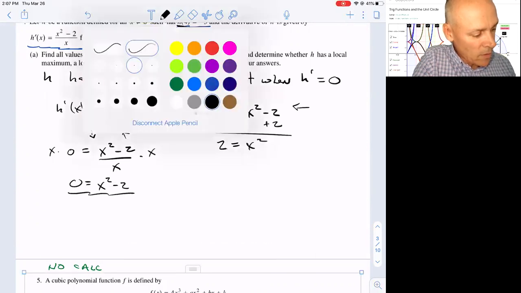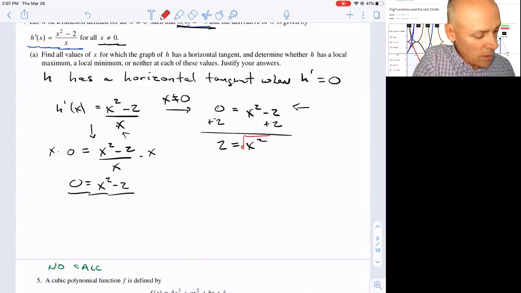Then I want to take the square root of both sides. Square root of x squared is the absolute value of x, which is equal to square root of 2. And then to write it without the absolute value, I can write x is equal to plus or minus root 2.